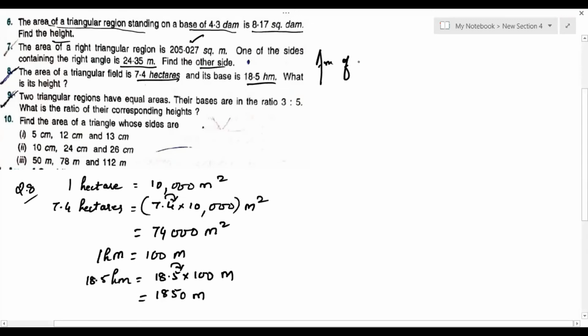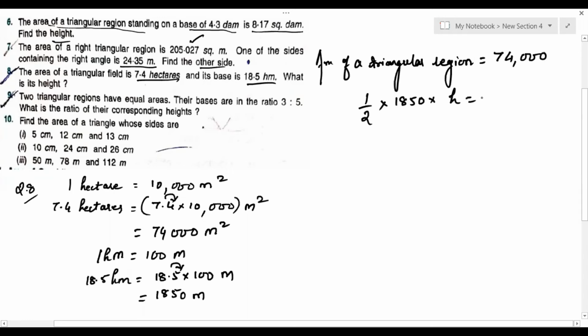And again, we will write down what is given to us. Area of a triangular region, which is already given to us, that is equals to 74,000. And we know the formula, area of triangular region is half into base. Base is 1850 into height, which is the unknown factor which we need to find out, that is equals to 74,000.